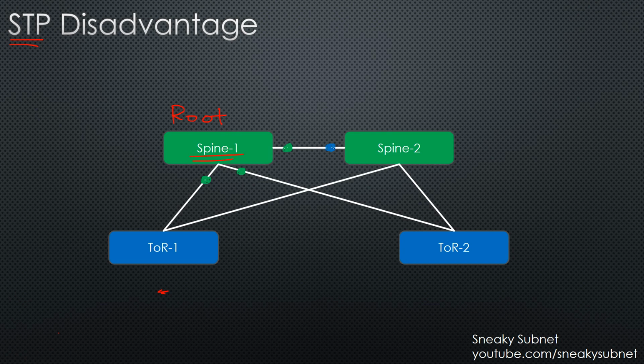In this case, probably spine 2 will choose this port as a root, top of rack switch number 1 will choose this port, and top of rack switch number 2 will choose this port.